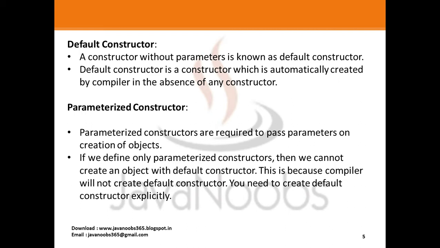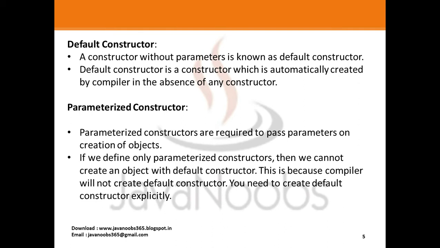Now if we define only parameterized constructors, then we cannot create an object with a default constructor. This is because the compiler will not create a default constructor. You need to create a default constructor explicitly, like I just told you earlier.